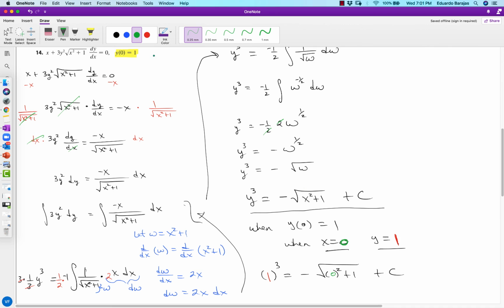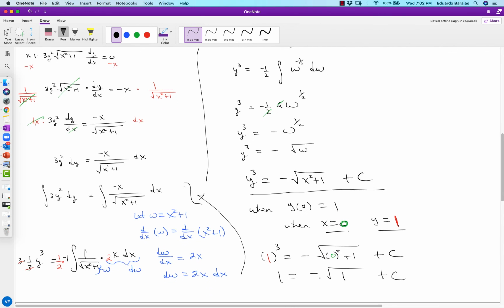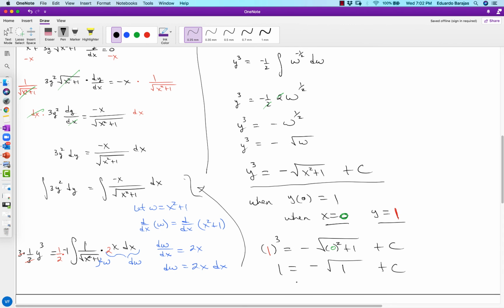And that helps me solve for c. So this becomes 1 equals negative square root of, well, it's just going to become 0 plus 1, which is just going to be 1, plus c. Which becomes 1 equals minus 1 plus c.